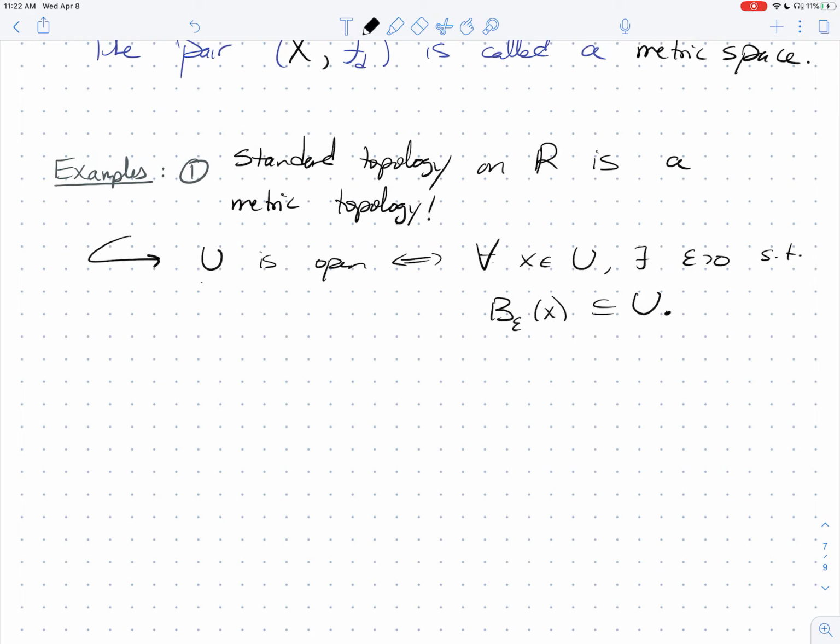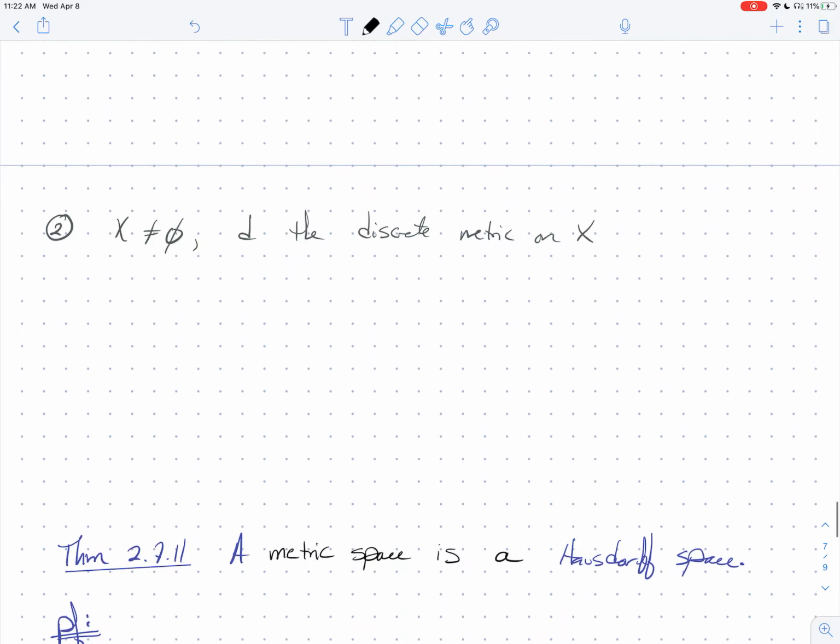And this is the exact same topology that the metric d(x, y) equals the absolute value of x minus y generates. So the standard topology all along, even though we didn't even know what a metric was, is a metric topology.